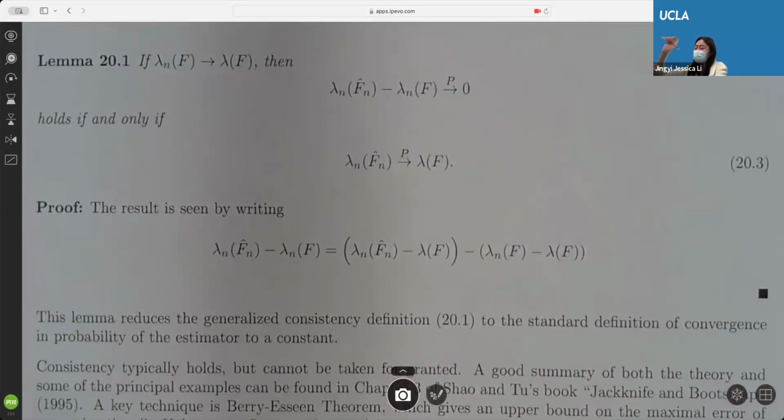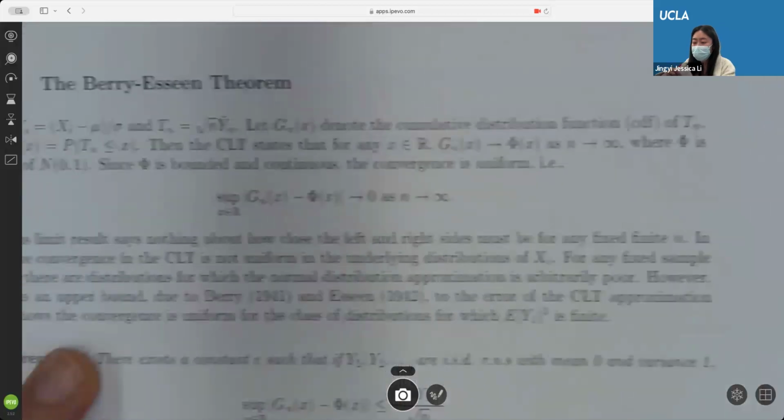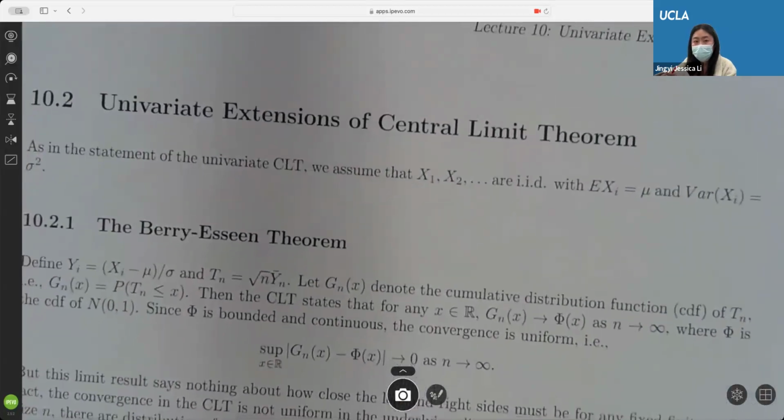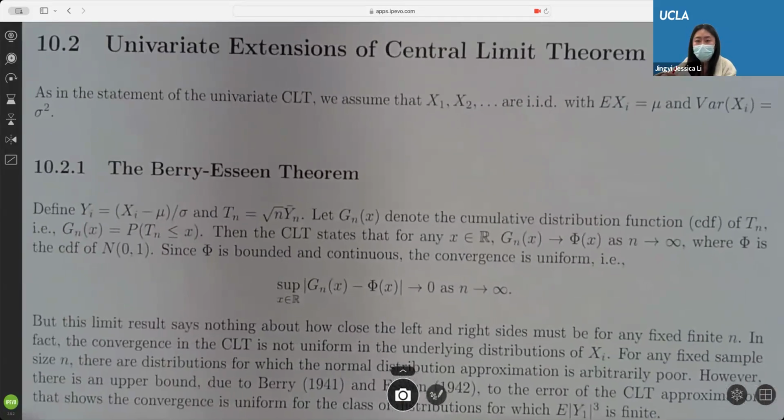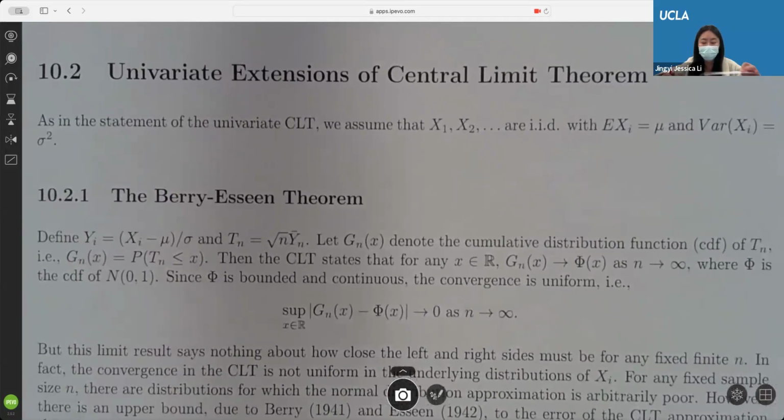This is something I previously skipped in our lecture, but I would like to bring it back so we can look at it together. It's a good case to talk about because now we have a concrete application of it in Bootstrap. Let me retrieve this part. We should have talked about it after we introduced the central limit theorem, but that time we skipped it.